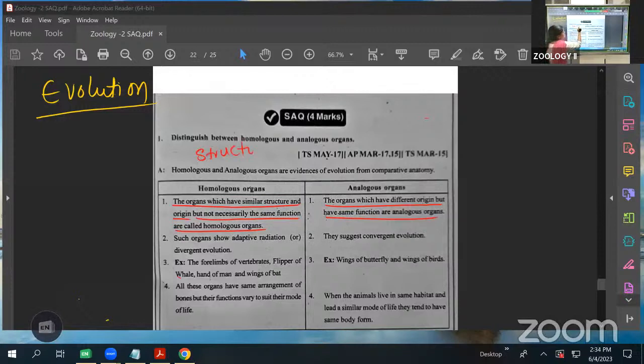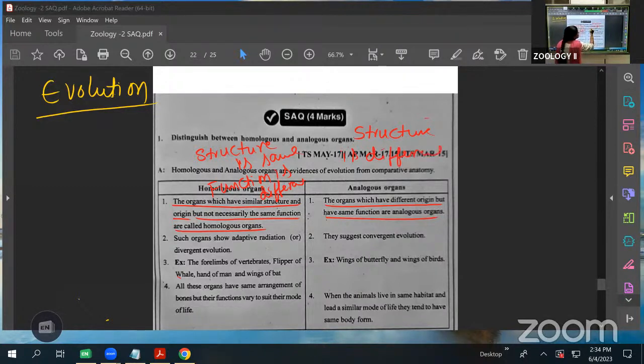Homologous means the structure and origin are the same, but the function is different. In this second situation, it is the opposite: the structure is different.